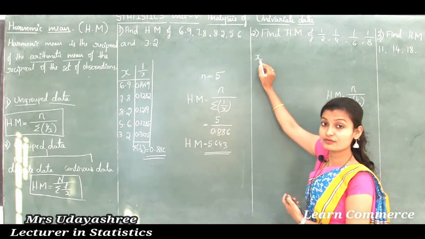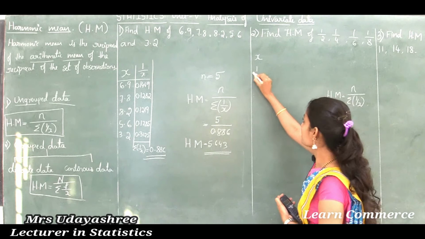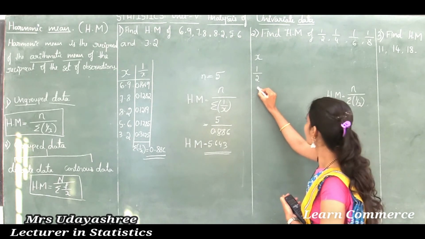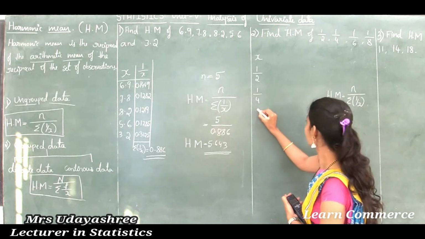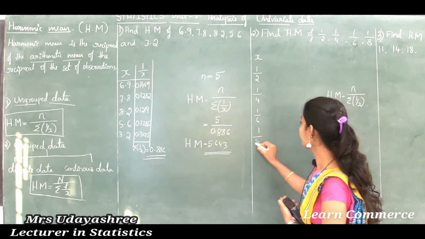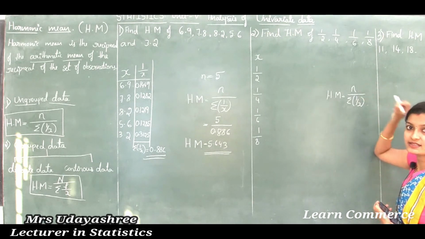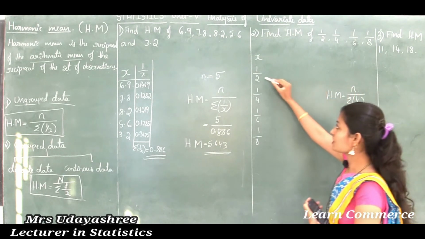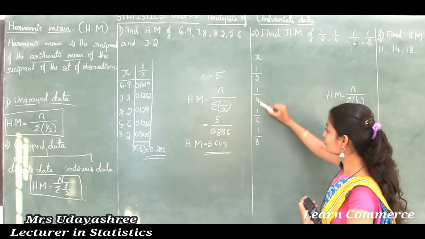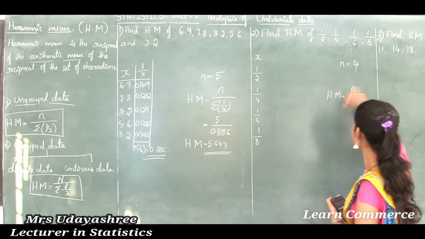We know that set of observations is denoted by x and given observations are 1 by 2, 1 by 4, then 1 by 6 and 1 by 8. Next we need small letter n, that is number of observations. Number of observations are 1, 2, 3, 4. So here small letter n is equal to 4.